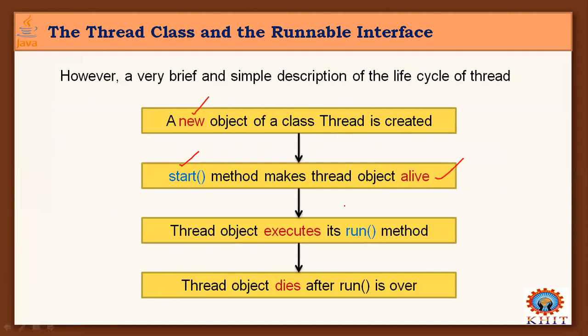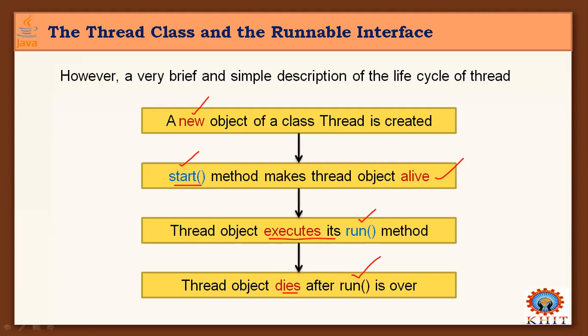I hope you all understood these words as we discussed earlier. After that, you have to make that thread alive by using the start method, right? The thread object executes its run method. Using that run method only we can run that thread. And the thread object dies after run is over, that is the terminated state.